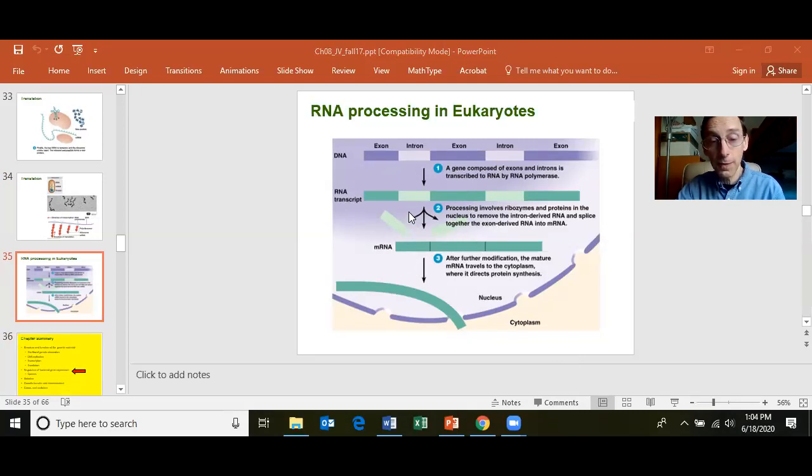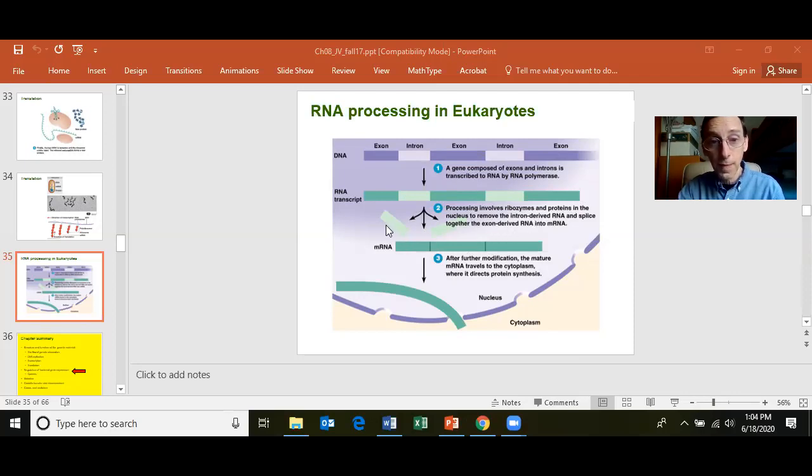Or if we're talking about a tRNA or rRNA, the introns do not code for the tRNA or rRNA. Those introns in the RNA transcript have to be removed, and that processing happens in eukaryotes.